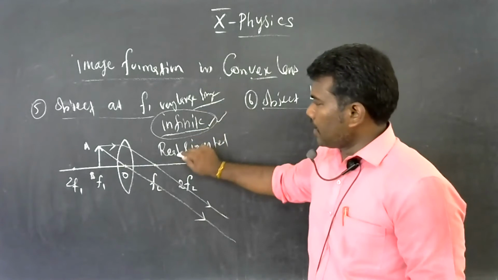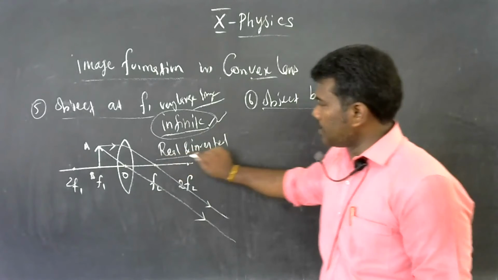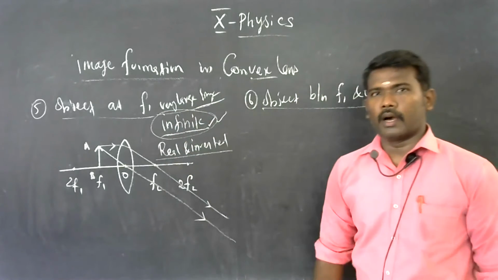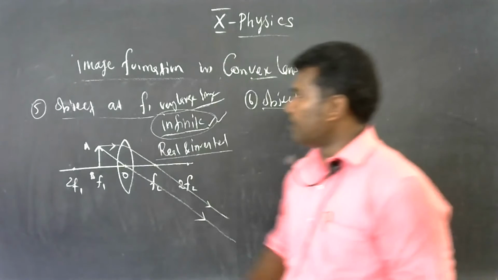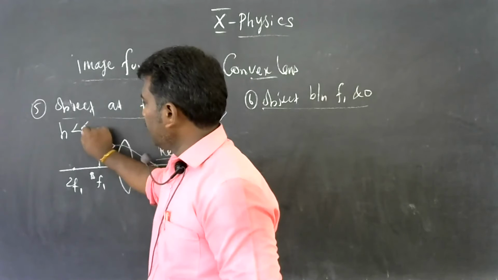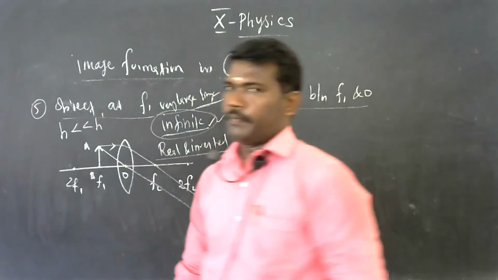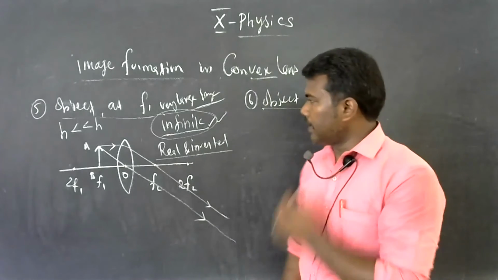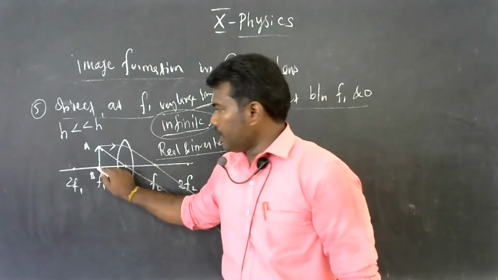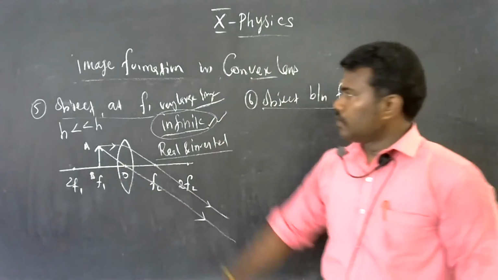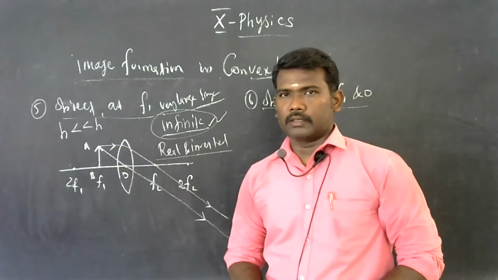At this place, we are getting that image. That image is real and inverted, and the size of the image is very, very large compared with the object. So we can write the notation like this: H is very, very much less than H dash. Image height is very much greater compared with the object height whenever you are locating the object at point F1. So this is with respect to the fifth case.